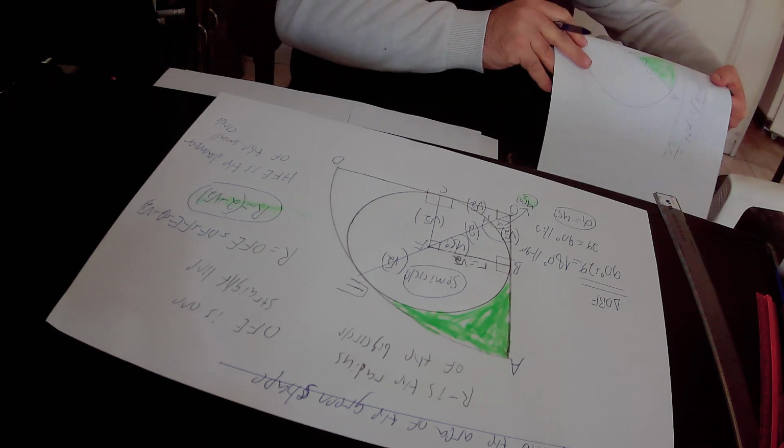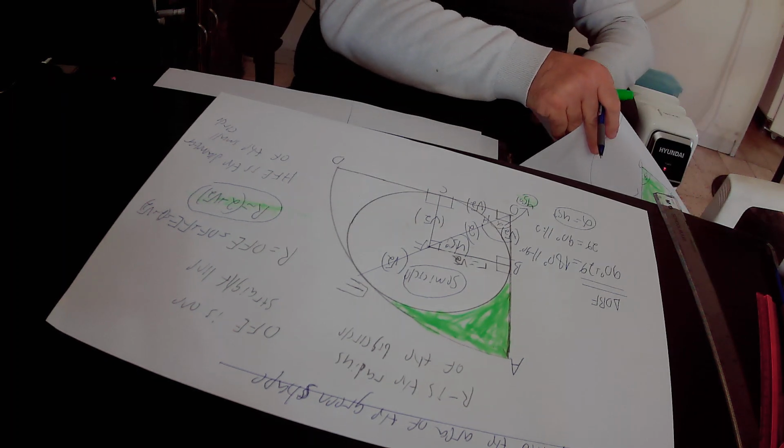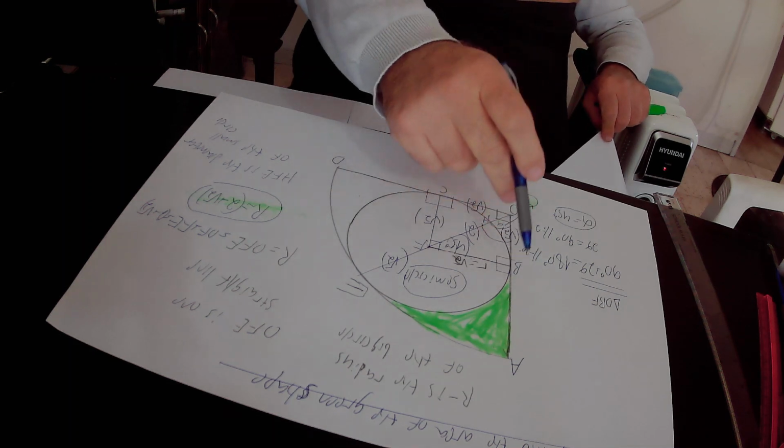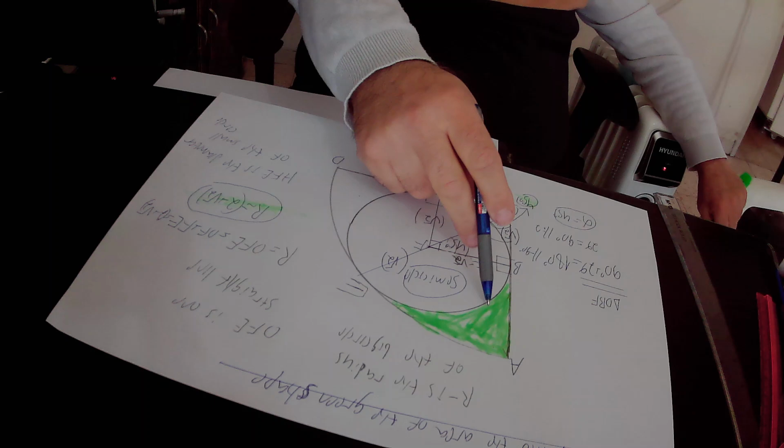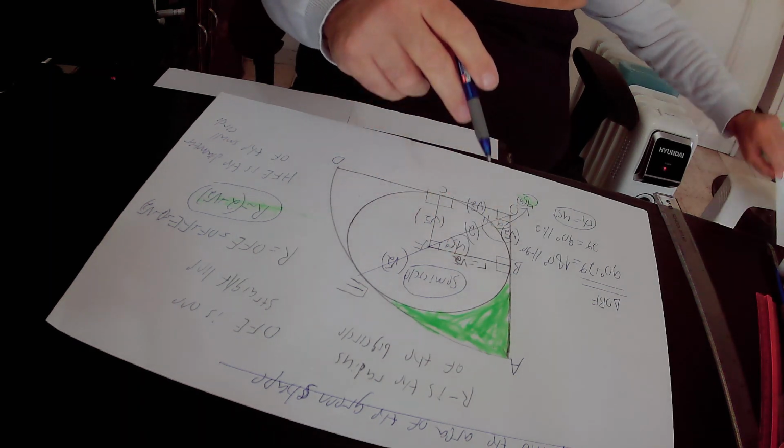Our mission here is to find out the area of this green shape. So, what is the area of this green shape?